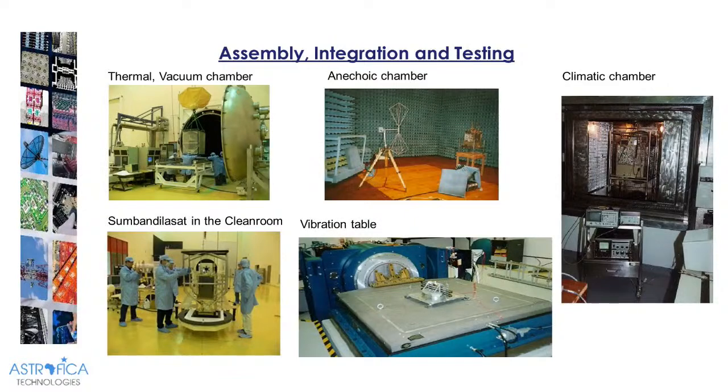So somebody asked about the environment. How sure are we that our satellites would be able to withstand? I think the question was mostly about the harsh environment in space, because the environment that we are in is different from what your satellites would experience in space.